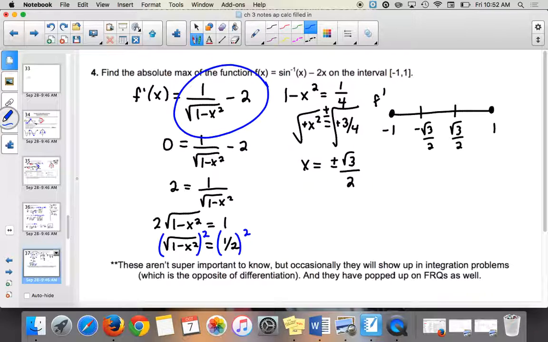All right, so when you plug in, 1 divided by the square root of 1 minus 0.9 squared. Okay, I get a positive when I plug in both positive 0.9 and negative 0.9. So I'm going to put it on both sides. And then if I try 0, I get 1 over 1, which is 1, minus 2, which is negative. Okay?